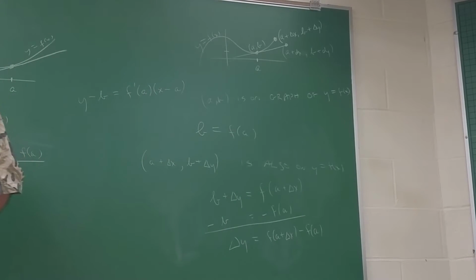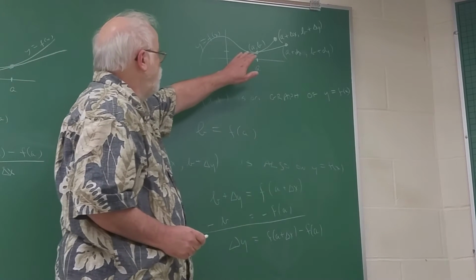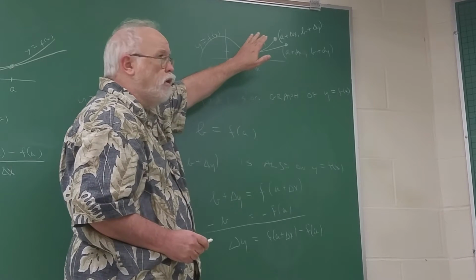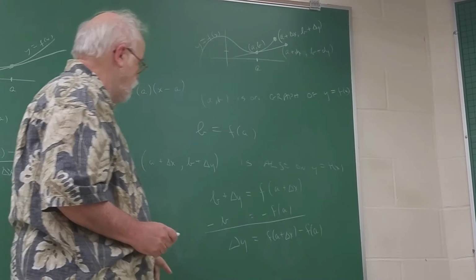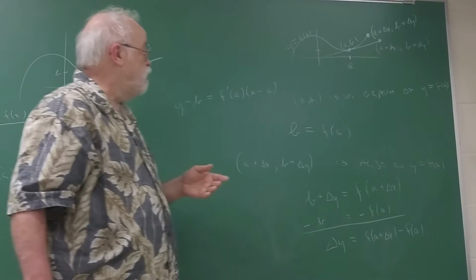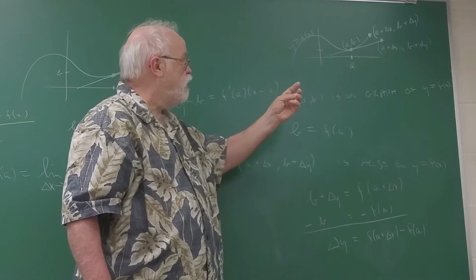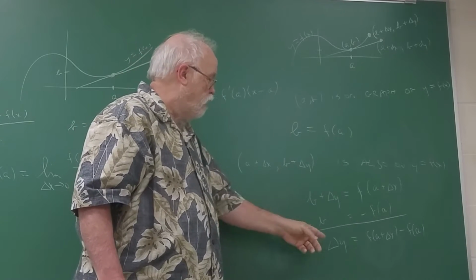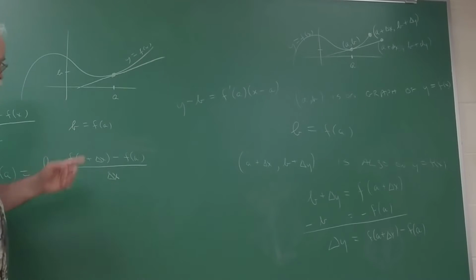And all I've done is started at some point, this fixed point A, B, and just moved along the curve. And automatically, when I write down these coordinates, when delta x and delta y represent the changes in x and y along the curve, then the delta y turns out to be exactly what this is.